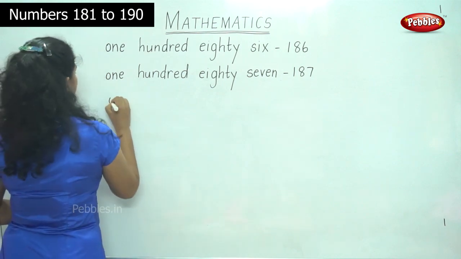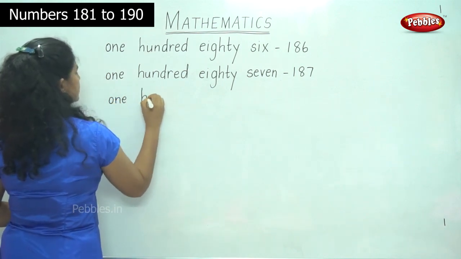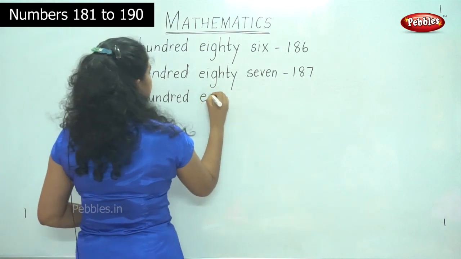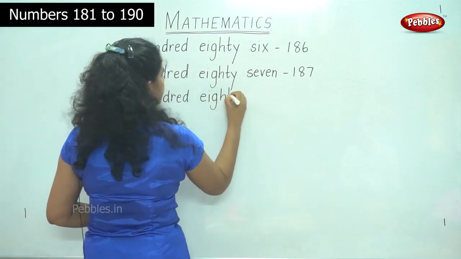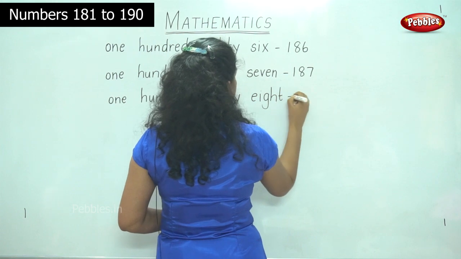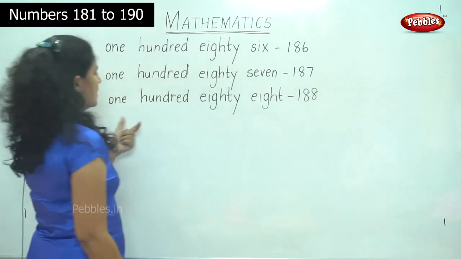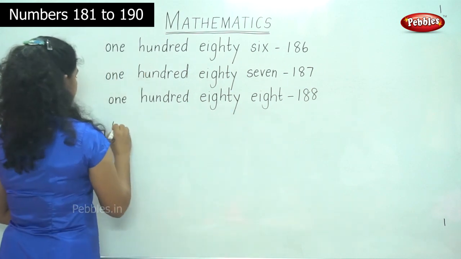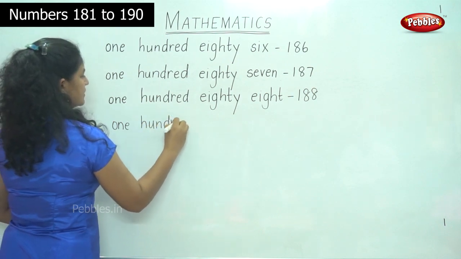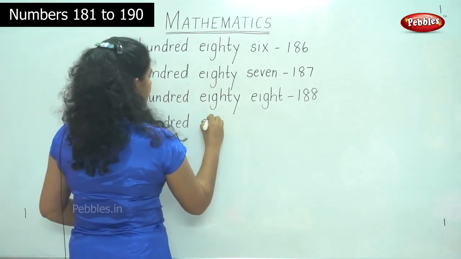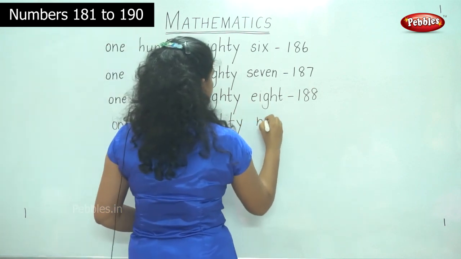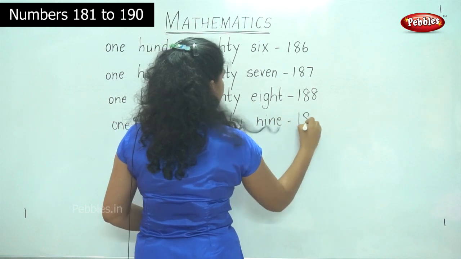O-N-E, 1, H-U-N-D-R-E-D, 100, E-I-G-H-T-Y, 80, E-I-G-H-T, 8. 188. Then 100, 80, N-I-N-E, 9. 189.